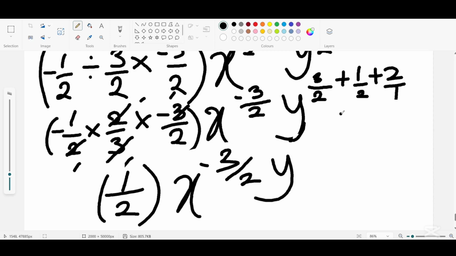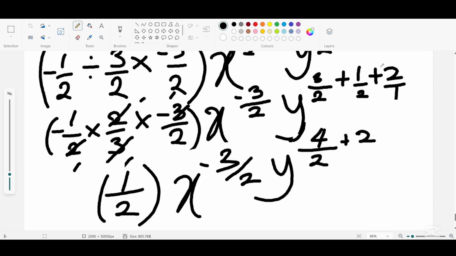If you look at these two fractions, you see that they have the same denominator. So what that means is that these two fractions can be added together because they have a common denominator. So this is going to be 3 plus 1 is going to be 4 all over 2 plus 2.